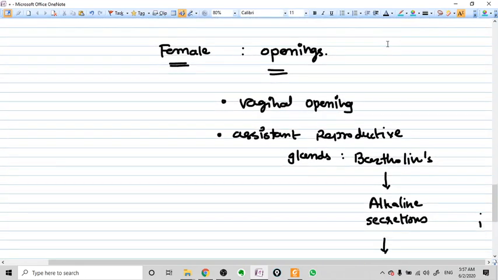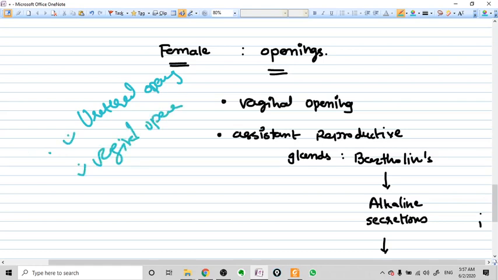female external genitalia. What we should expect the female genitalia to have are openings: one is the urethral opening for urination, and the second one is the vaginal opening. Along with these two openings, we also have two assistant glands.